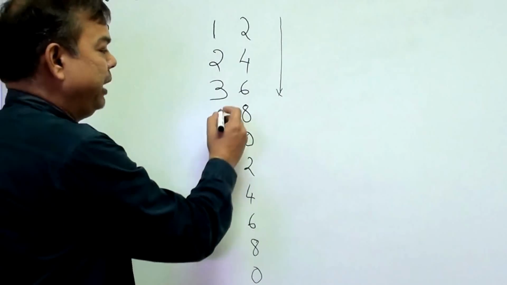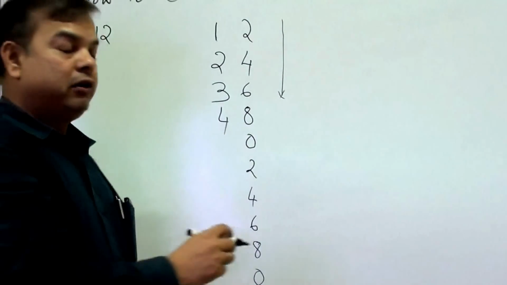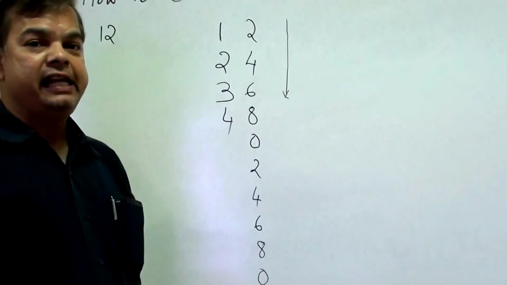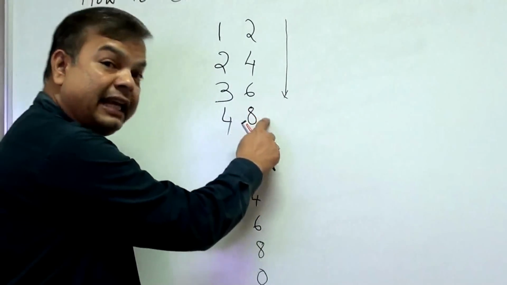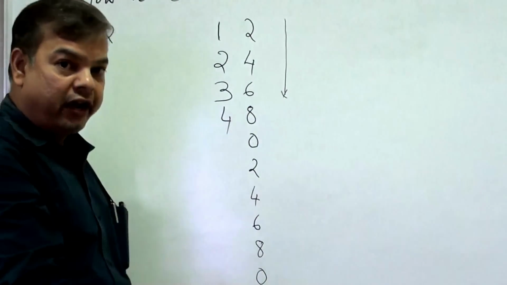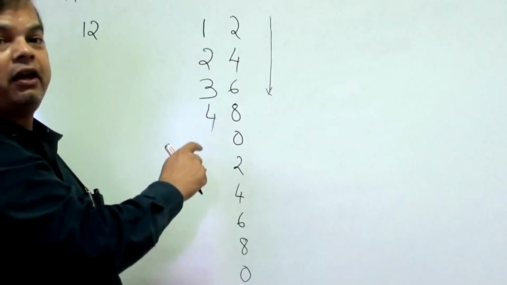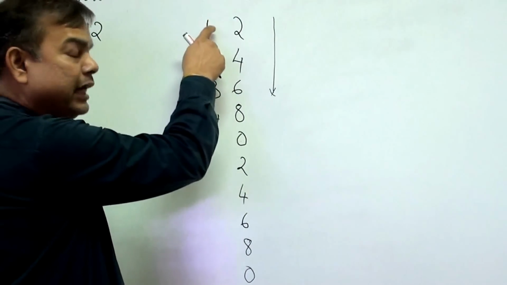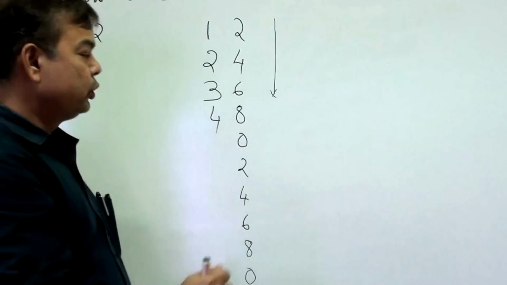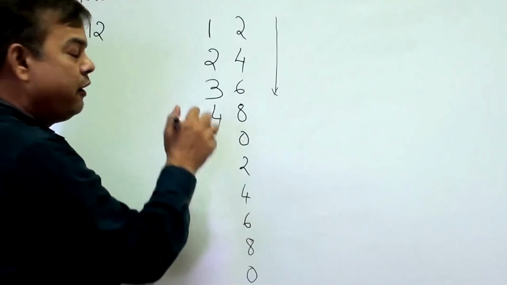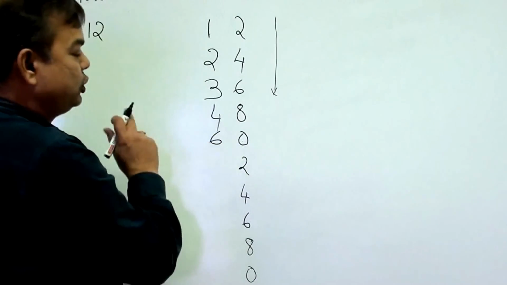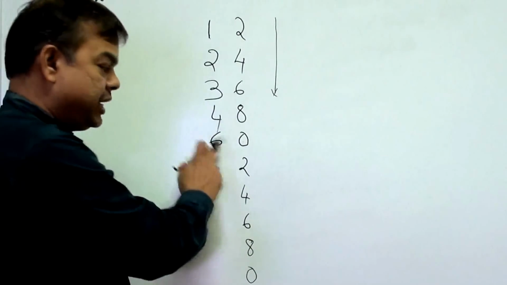So 3 plus 1 becomes 4. Now for the fifth number we will see that 0 is less than 8. So here instead of adding only 1 to the 4, we will add 1 more than this, that is 2. So we will add 2 to this 4. So our answer becomes 6. So 12 fives are 60.